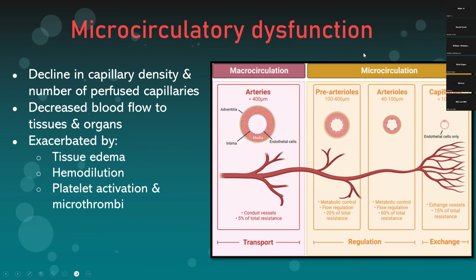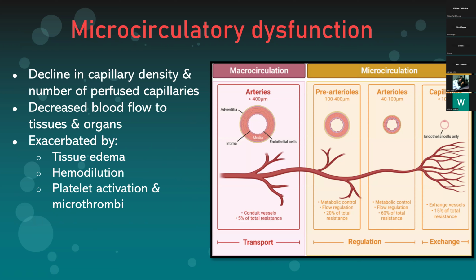Some microcirculatory dysfunction. So I think a lot of this is happening at a microcirculatory level, so it may not be things that we can pick up with our usual cardiovascular parameters. But certainly it seems that any critically ill patient or anyone with kidney disease can develop a decrease in capillary density and less perfusion of their capillaries.